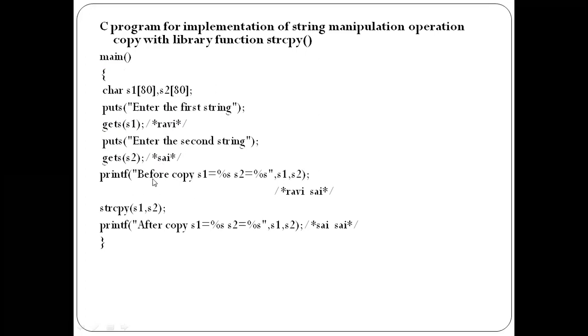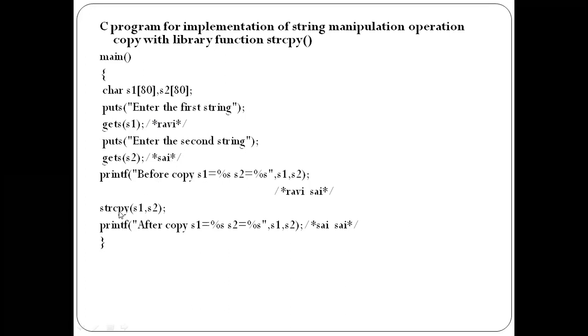Before means when the first string and second string are given, they are printed on the screen as they are. printf before copy S1 equal to %s, where %s is a format specifier, and S2 is also a format specifier. In the first string I gave Ravi. Here it displays before copy S1 is Ravi and S2 is Sai.